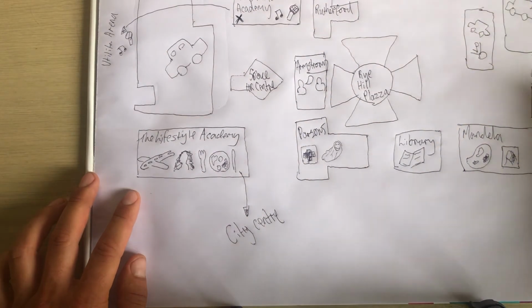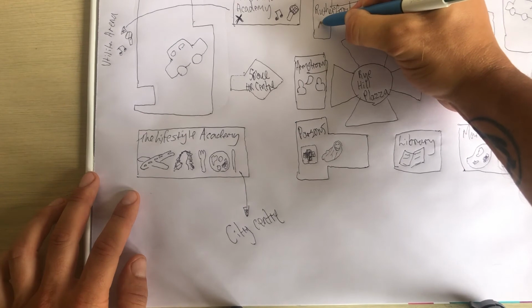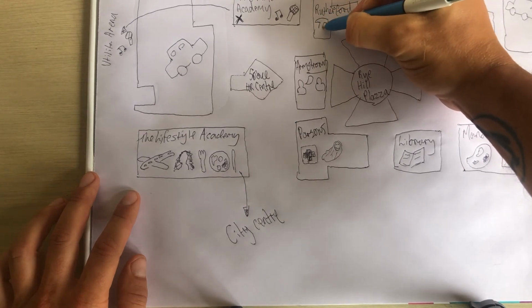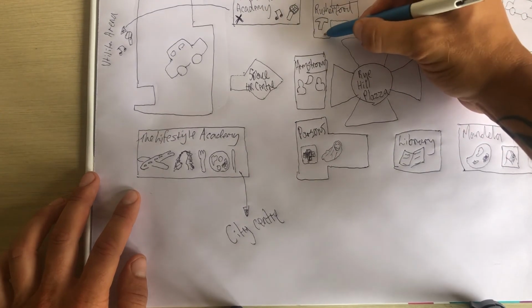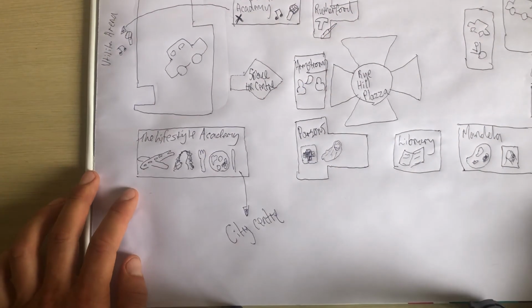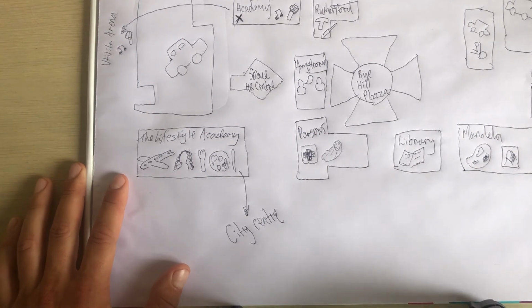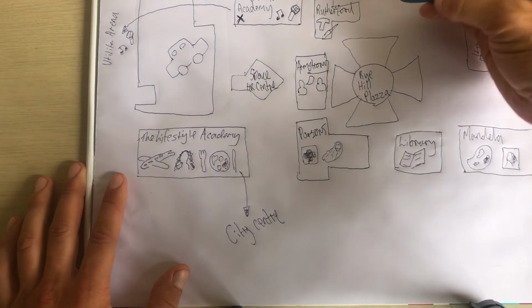For Rutherford, you might want to draw a hammer, maybe a screwdriver, for a lot of our construction learners. And then our final building, Trevelyan's a funny old shape, isn't it?